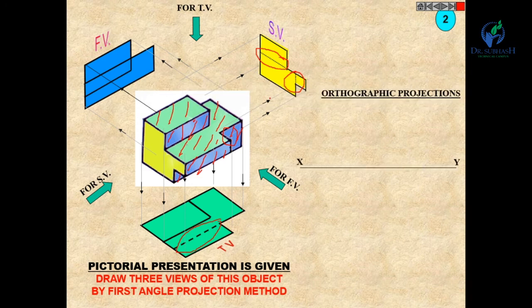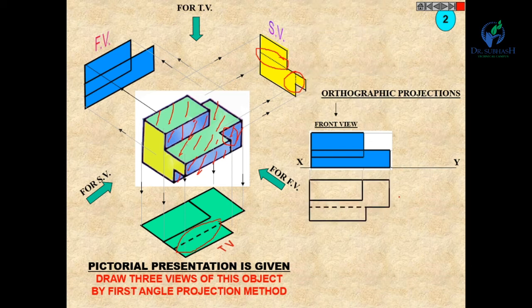Now in orthographic projections, first of all draw the XY line, and above the XY line draw its front view. Now draw the projections from this front view and accordingly draw its top view. You can see this is the hidden line, so hidden parts should be represented by a dash line.